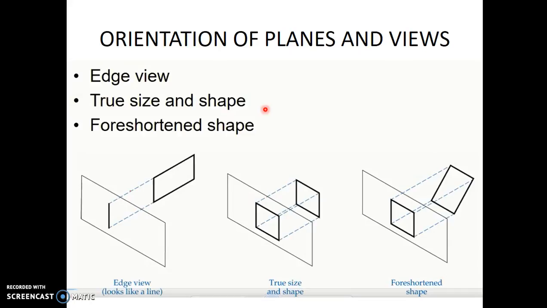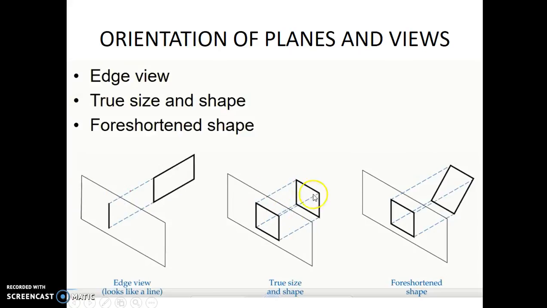In order to visualize the orthographic projections and the drawings, let us see as an example different types of orientations of planes with respect to the projection planes. If I take a plane on an object, the plane can be oriented perpendicular to the projection plane.